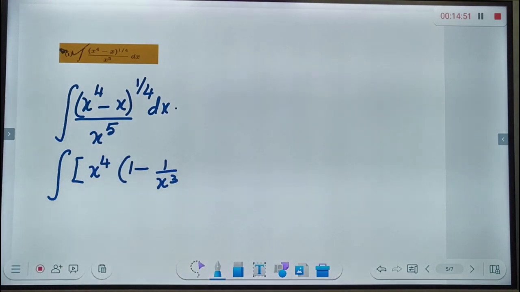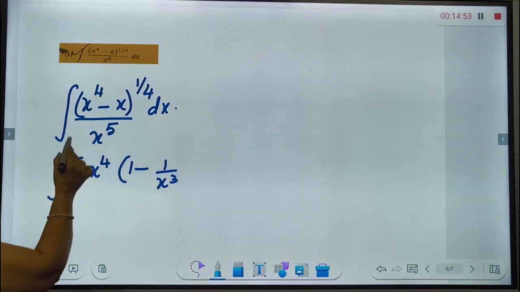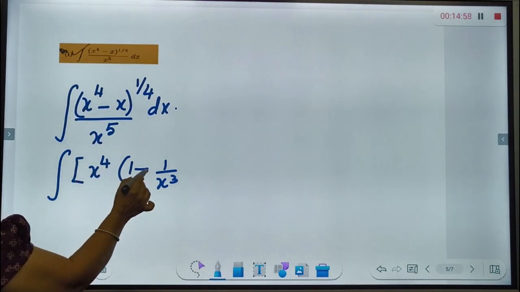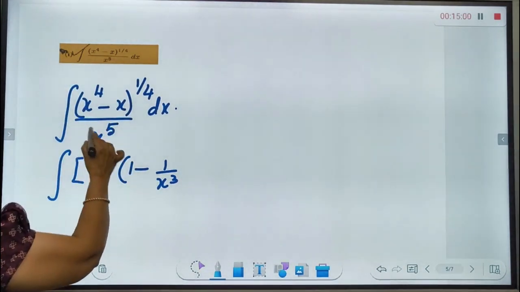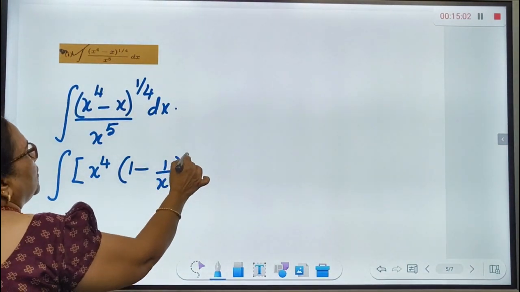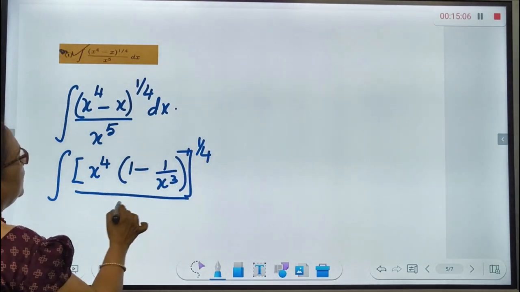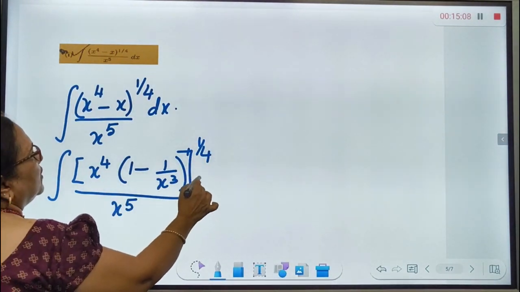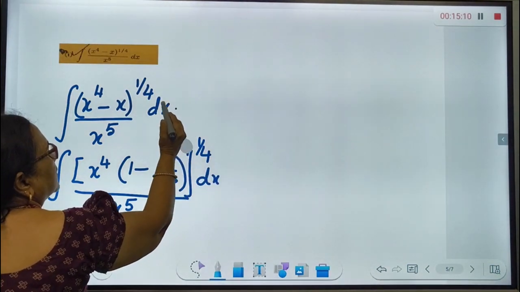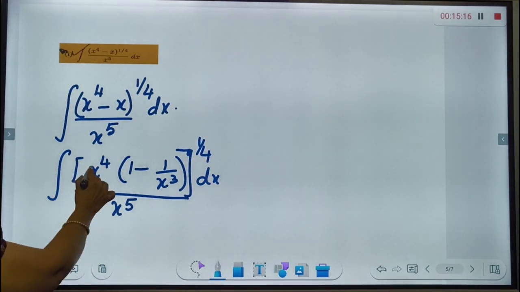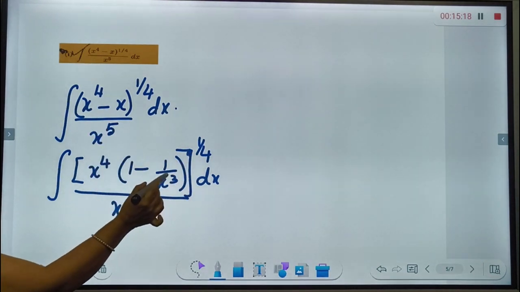See, I am dividing by x power 4. If I take out x power 4, this will become 1. And this becomes my x by x power 4, 1 by x cube, to the power 1 by 4 by x power 5 dx. Okay, now x power 4 raised to the power 1 by 4 is x.